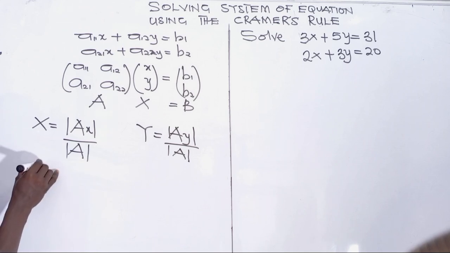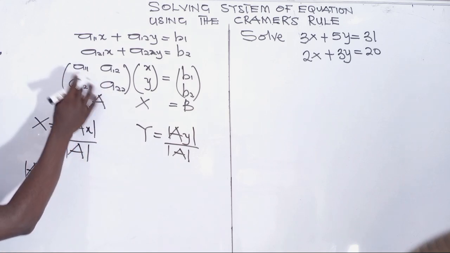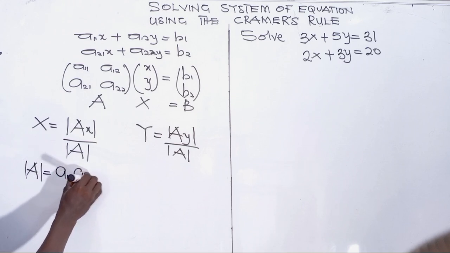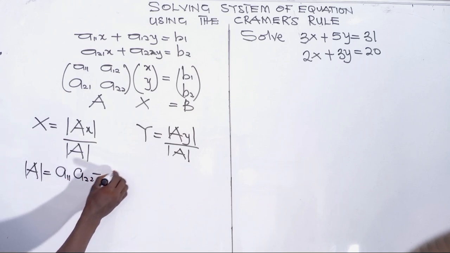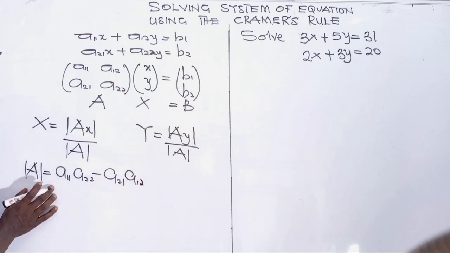Determinant of A: we have already learned how to find the determinant of a 2 by 2 matrix. We find the cross product, so we get a11 multiplying a22 minus a21 multiplying a12. That is the determinant of A.